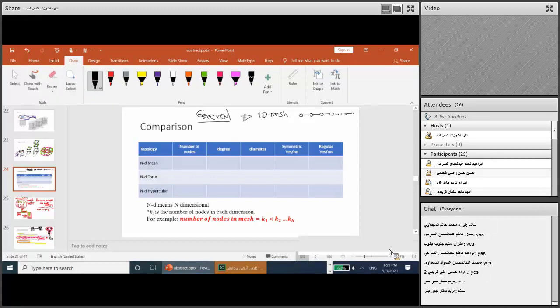This is the ND mesh. 1D mesh. We have K1 nodes in this one-dimensional mesh.